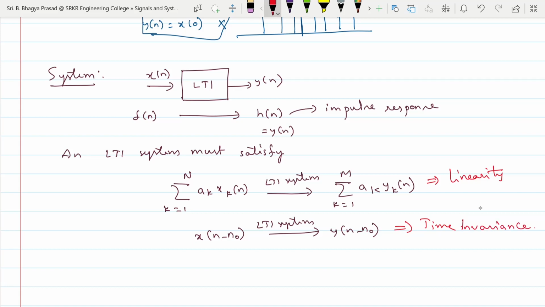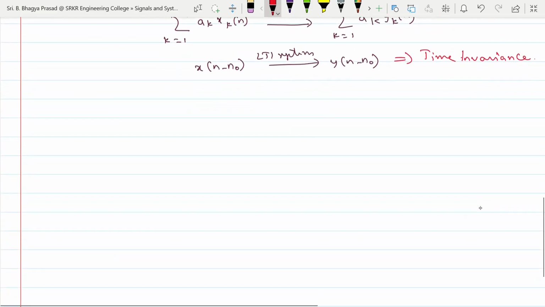If these two properties are satisfied by the system, then this impulse response plays a crucial role for getting the response of any arbitrary input. Okay, let us see that. So we saw that for δ[n], the output is h[n], and the system is an LTI system.